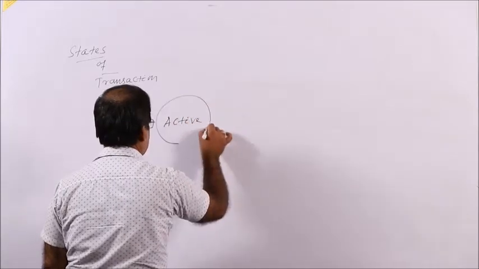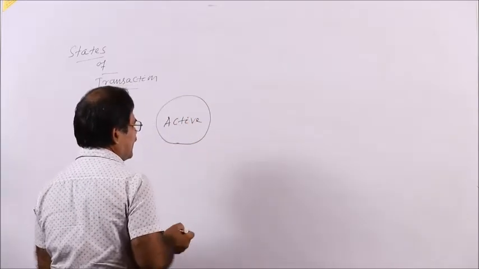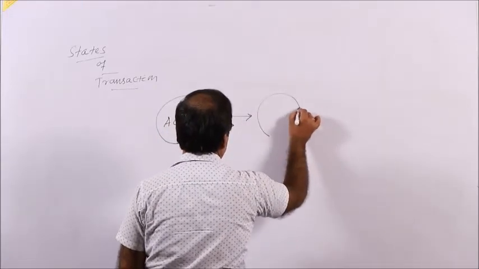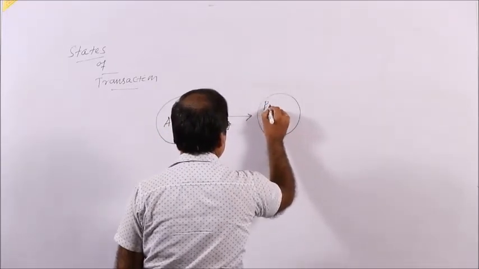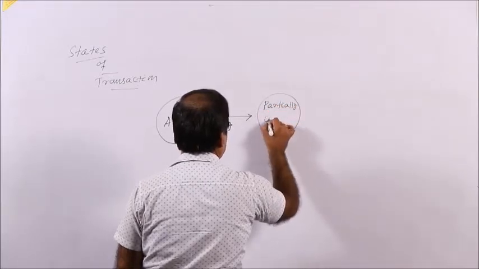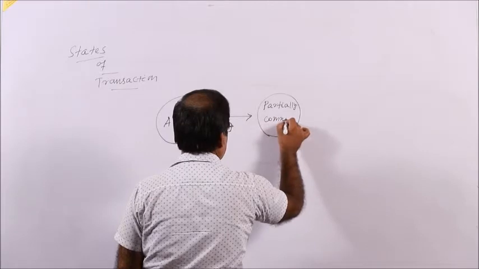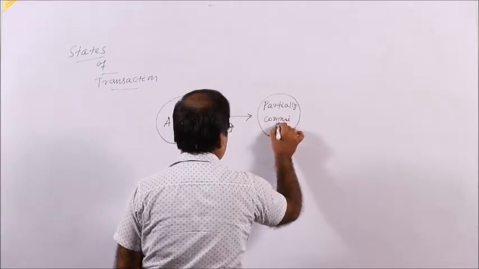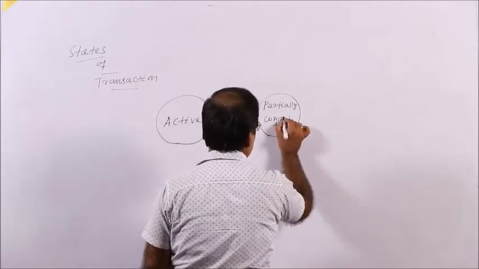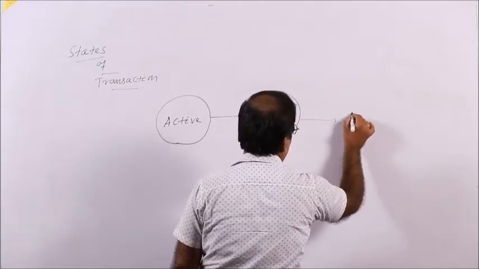The transaction is active. Then after the active state, you go for partially committed. Partially committed. Then committed.